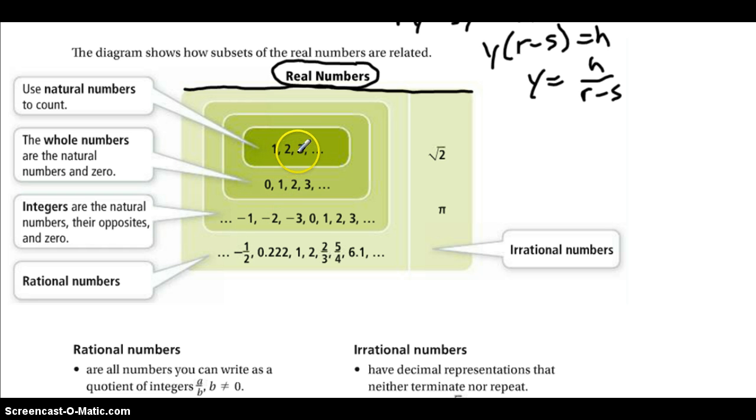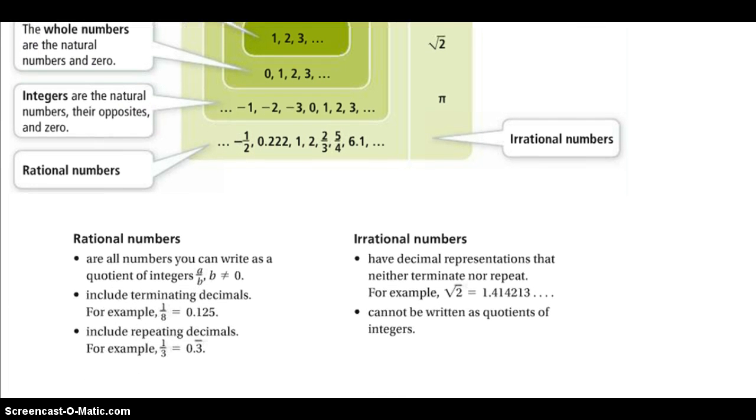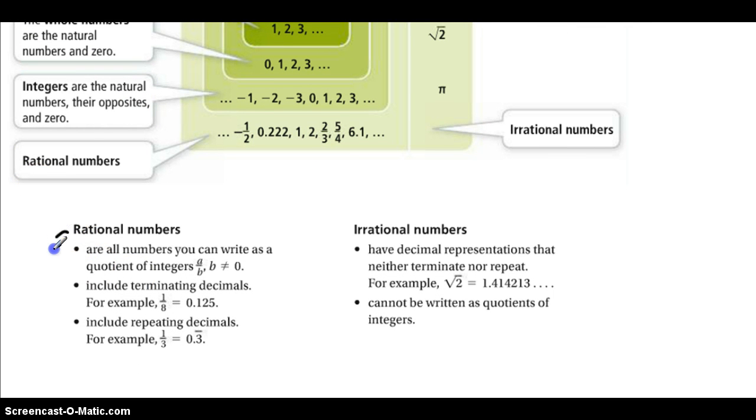These are the counting numbers. Whole numbers are just the counting numbers with 0. Integers are the positive and negative whole numbers. And rational numbers are numbers that can be written as a fraction and whose decimal values terminate or repeat. And those definitions are right down here.